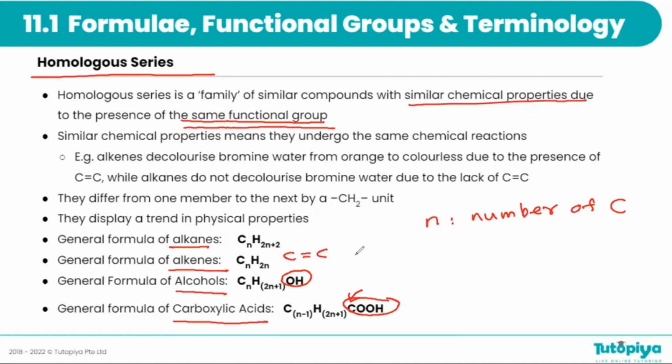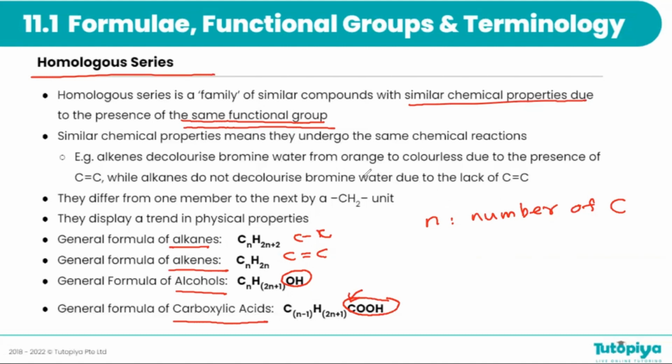One carbon-carbon double bond. And for alkanes, the speciality is that there are no double bonds or triple bonds. All carbon-carbon bonds are single bonds. And alkanes are only made out of carbons and hydrogens and nothing else.